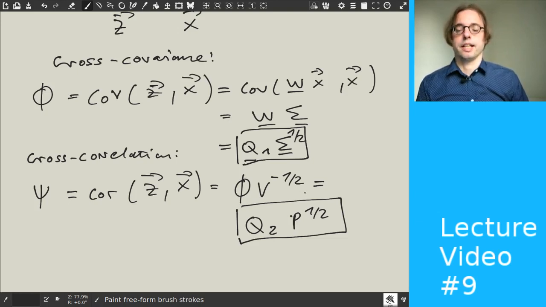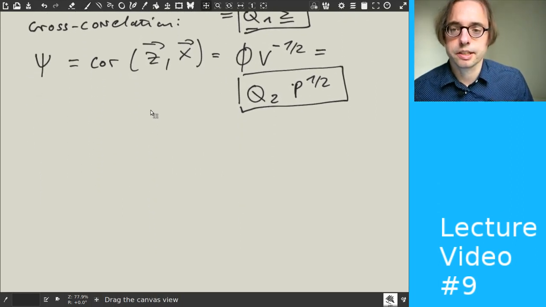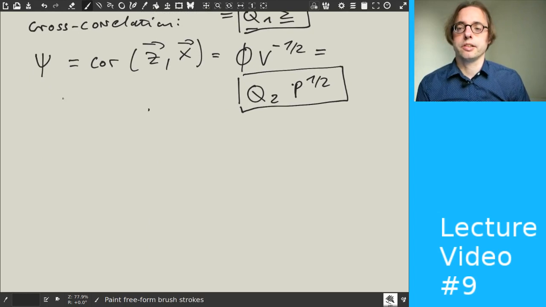In the next session, I will look into several choices for Q1 and Q2, and these choices will be guided by the values of the cross covariance and the cross correlation. For now, in the last bit of this session, we'll look at some properties of the cross correlation.